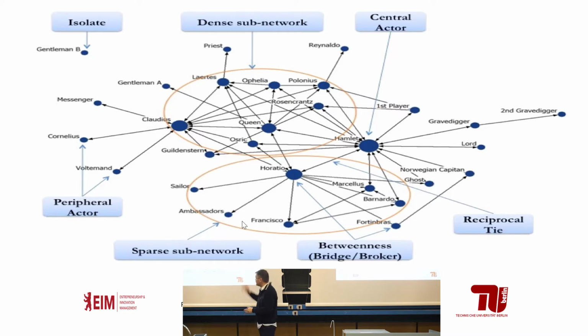But there are other actors around which are more periphery. Some of them are more in between, being on the passes of all information. So you have actually different roles and different configurations. You could say something about the entire network, and you could say something about different roles. And these different roles might have implications.